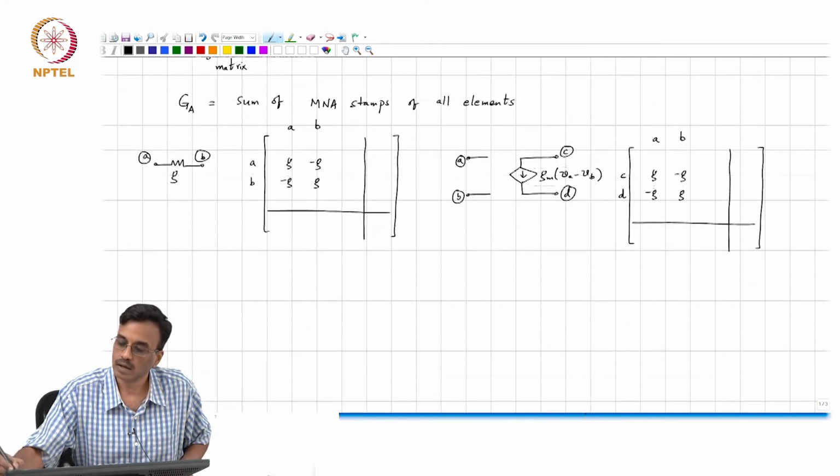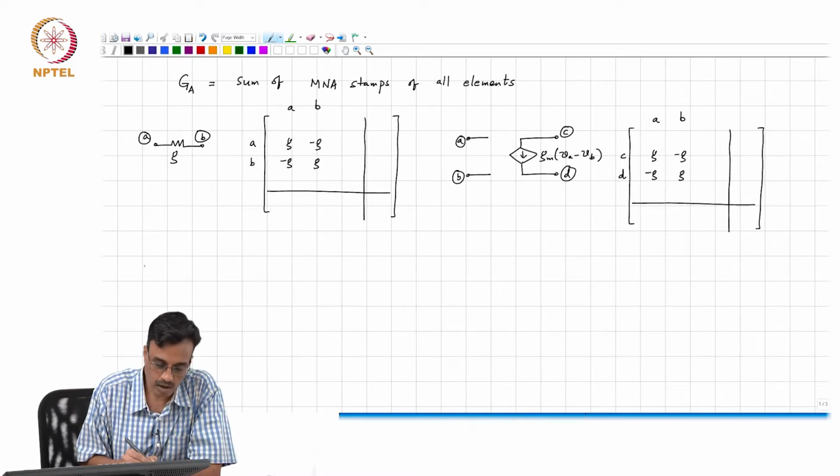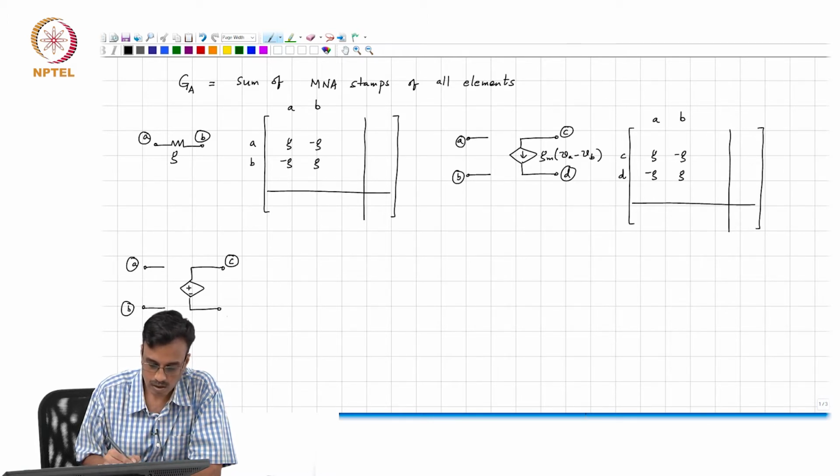Then we were discussing the voltage controlled voltage source, mu times VA minus VB.